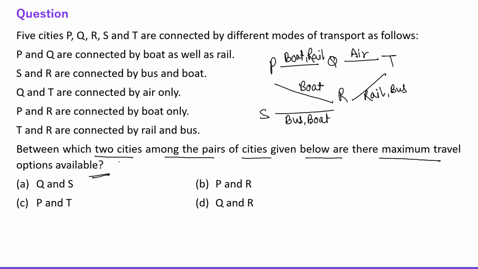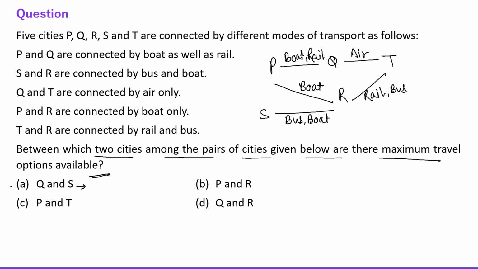Now the question is, between which two cities among the pairs of cities given below are the maximum travel options available? Q and S. If we are traveling to S from Q, so boat, rail, bus.